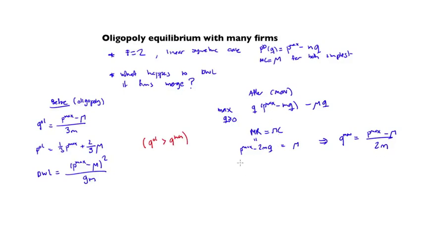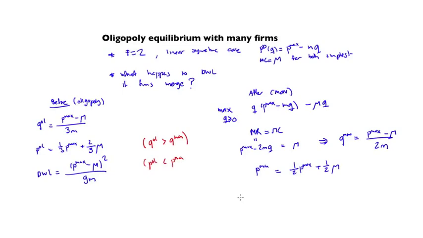The price of the monopolist is going to be 1/2 of P max plus 1/2 of mu. Not surprisingly, given that the quantity of the monopolist is less, the price of the monopolist is greater than the price in the oligopoly case.